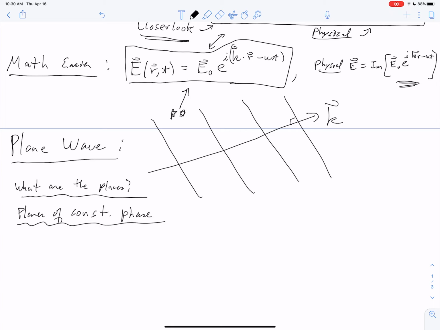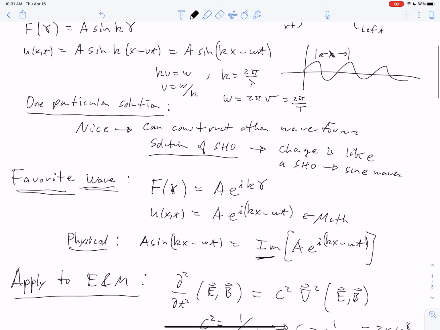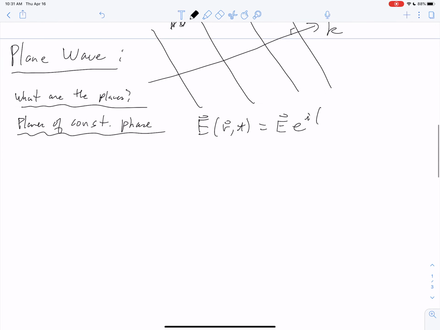Because what we have is the electric field, if it's a plane wave, then you have e to the i k dot r minus omega t, and this is the phase.